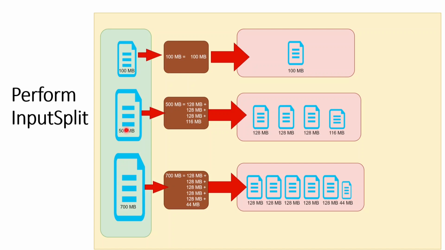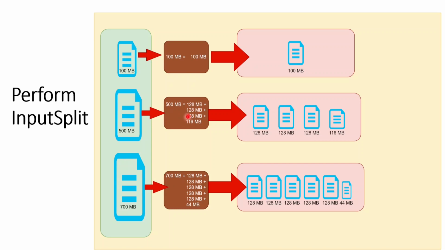And coming to this 500 megabytes, this is more than 128 megabytes. That's the reason it will be divided into 128 megabyte pieces, and the last remaining part will have only 116 megabytes. So this 500 megabytes will be logically divided into 4 pieces.